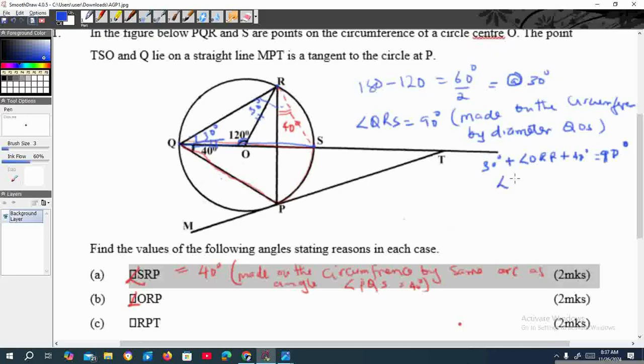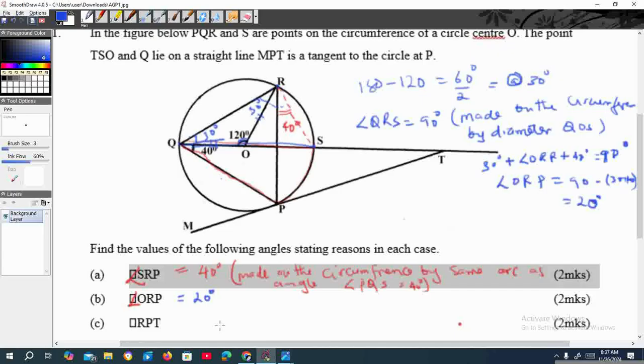So angle ORP will be 90 minus 30 plus 40. 30 plus 40 would be 70. 90 minus 70 will be 20 degrees. So we have found angle ORP.